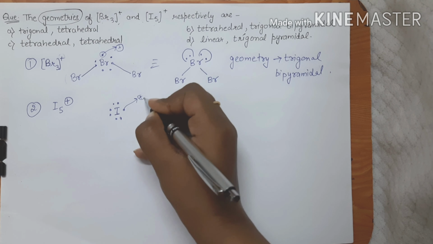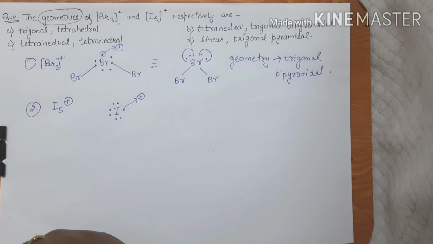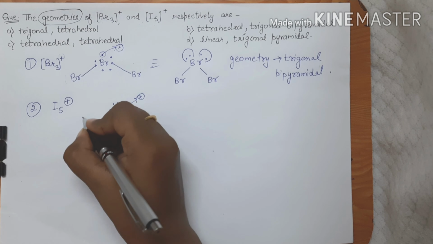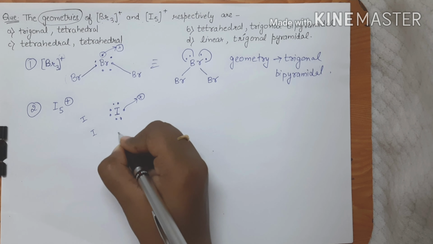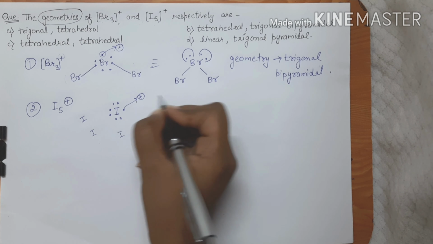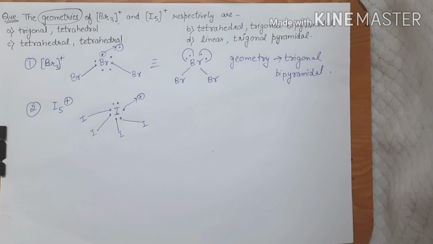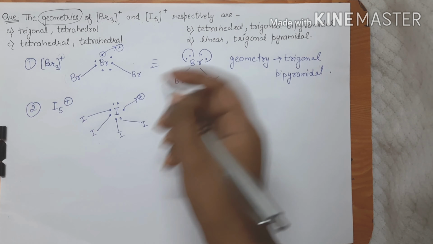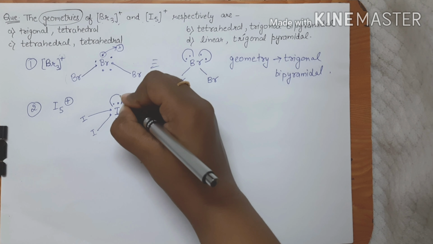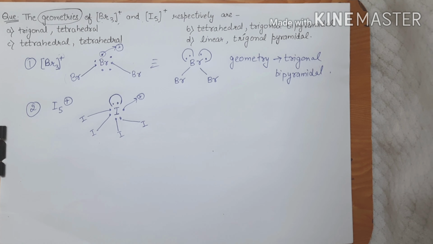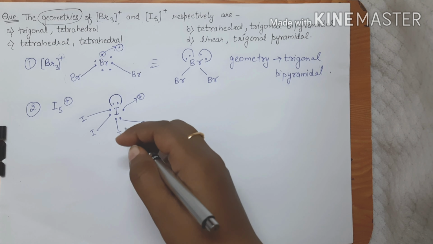It is attached to 4 more iodine like this, so it will be bonded to 4 more iodines, and it will be having 1 lone pair, right? So this will be the geometry.